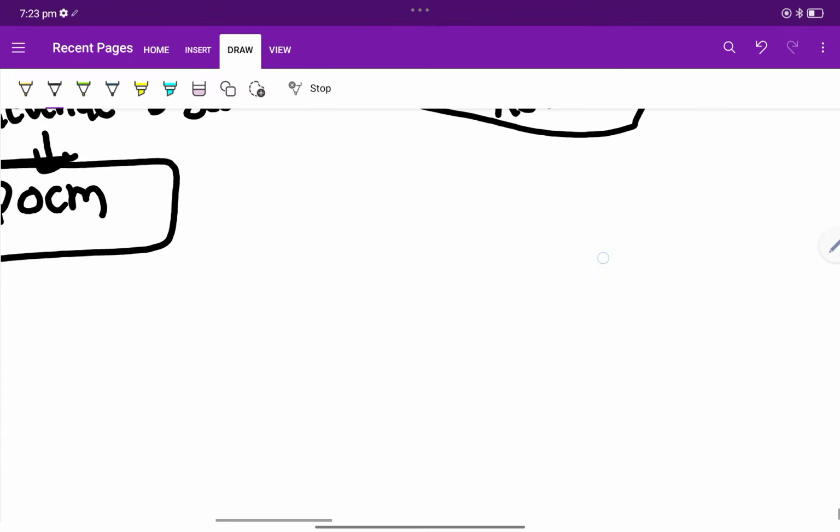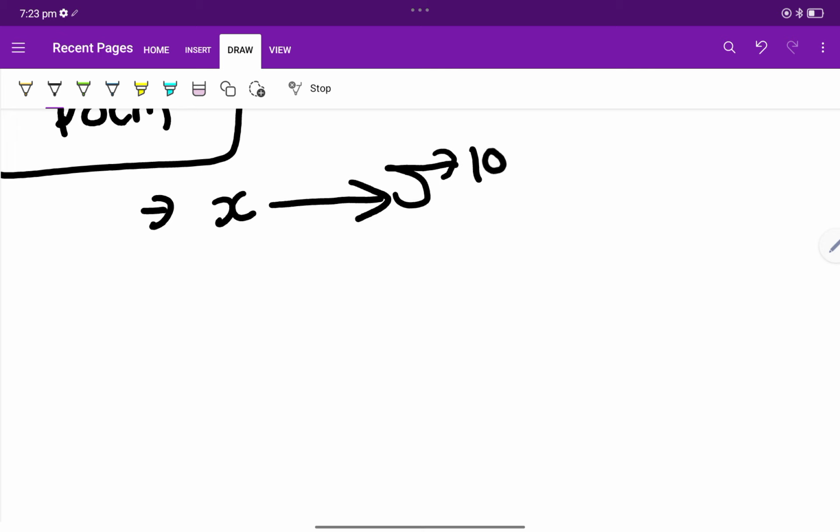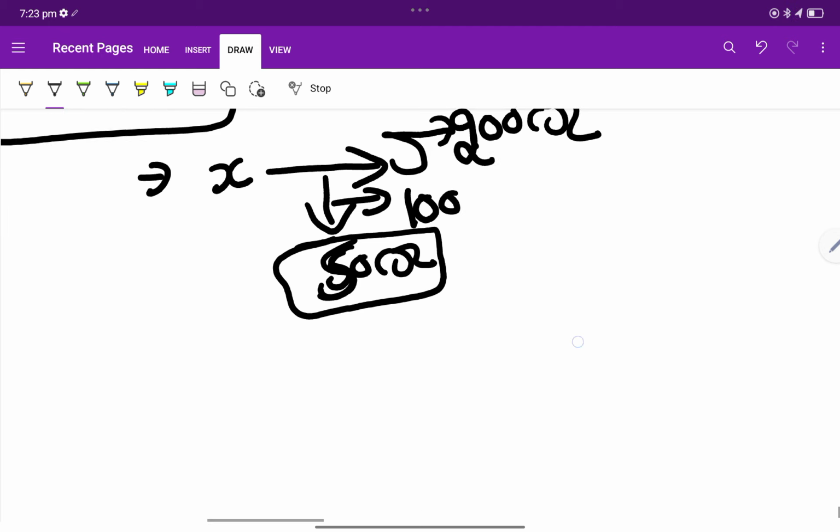Let us take an example. X is constructing a house whose revenue is 100 crores in total. X has incurred a cost of 50 crores so far. The total cost of the project is 100 crores; say 200 crores if you take that.